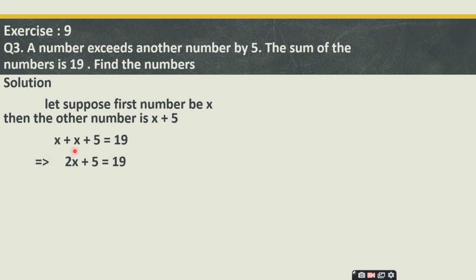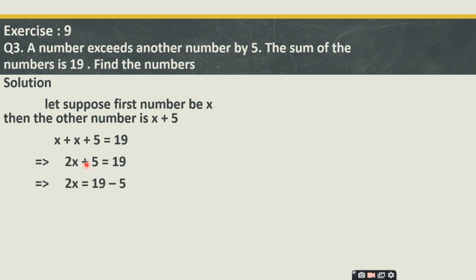Let's add x plus x, 2x plus 5 is equal to 19. Now we have to find the value of x, which is unknown. So we have to transpose 5 to the right hand side. Whenever we transpose a number to the other side, its sign will change.